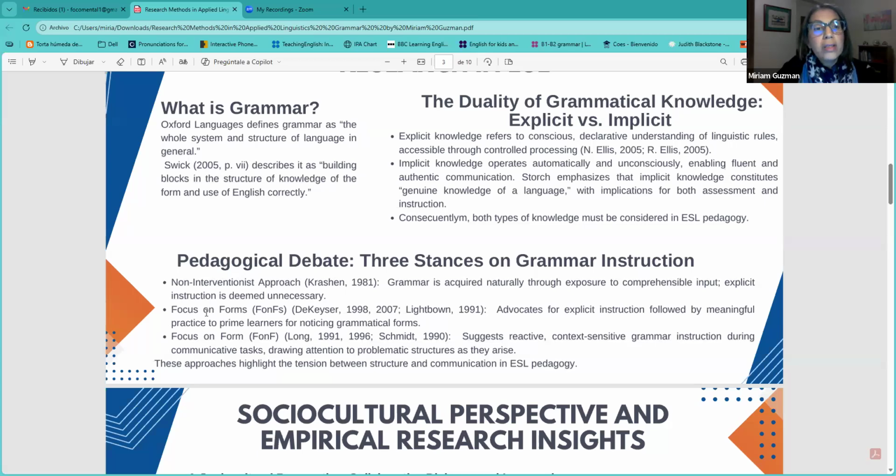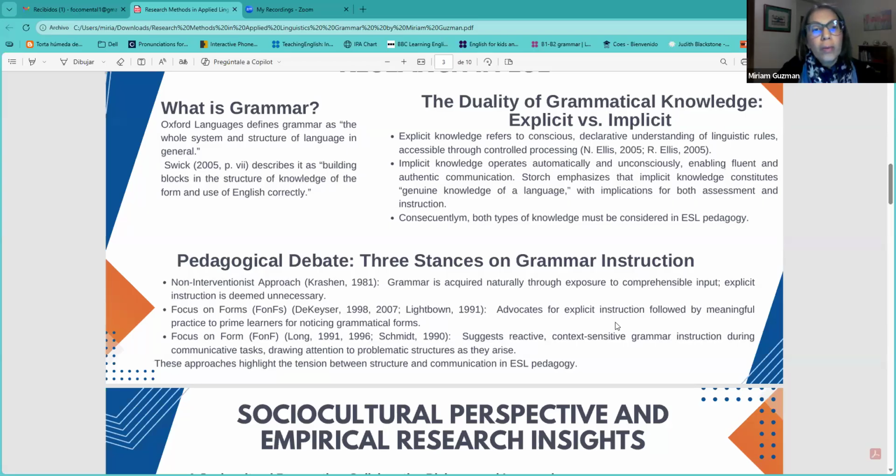On the other hand, we have the focus on forms by Kaiser 1998 and Lightbown 1991. They are advocates for explicit instruction followed by meaningful practice to prime learners for noticing grammatical forms.